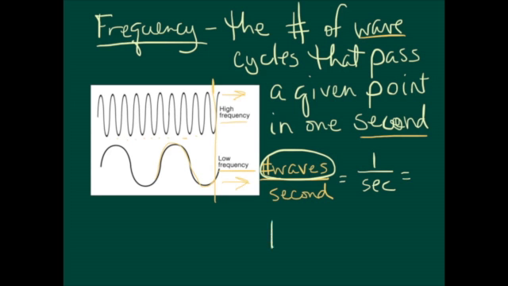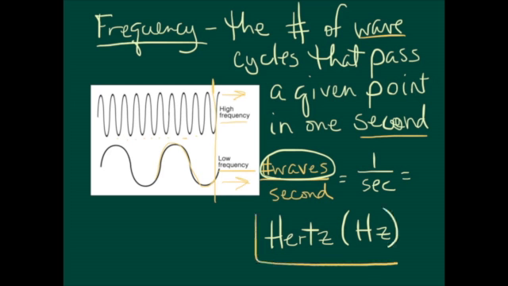Well, 1 over second is a hertz, and that's abbreviated Hz. And so this is the unit that we use for frequency. And hertz is the unit that is used for frequency of many different things, not just waves.